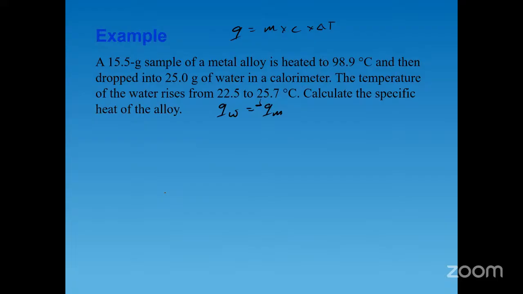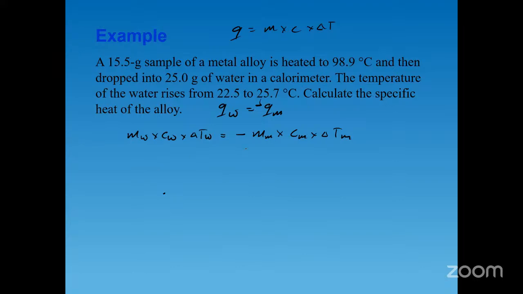So for Q water, I'm going to write down M_W times C_W times change in temperature W is equal to minus M of the metal, mass of the metal, times the specific heat of the metal times the change in temperature of the metal. All right.